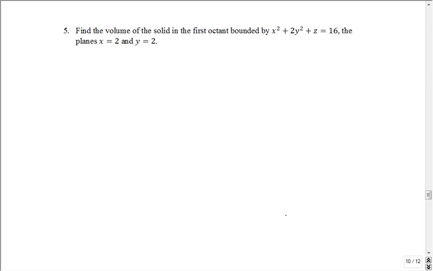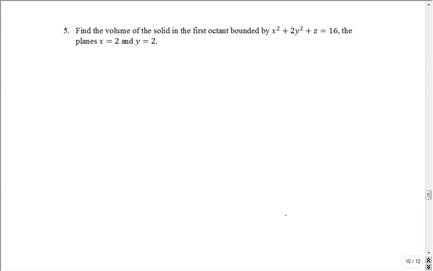When we are in 3D, we speak about the first octant. All right? So remember, in 2D, the first quadrant is bounded by the lines x equals 0 and y equals 0, right? The first octant would be bounded by x equals 0 and y equals 0 also.